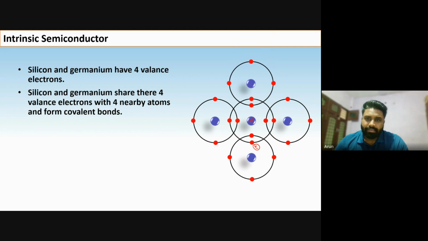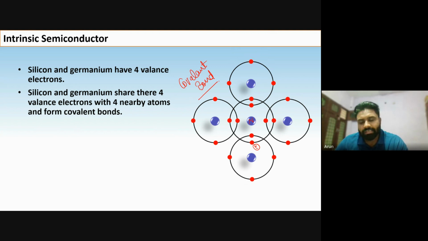Now, these atoms are bonded like that. The bond between them is a covalent bond, which means the electrons are not transferred from one atom to another. These electrons are being shared, because covalent bond means sharing of electrons.